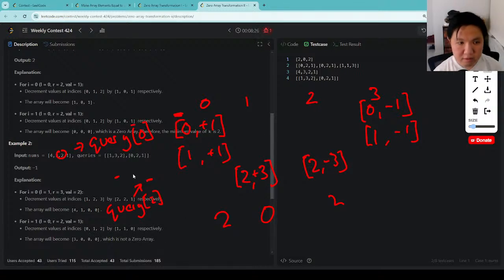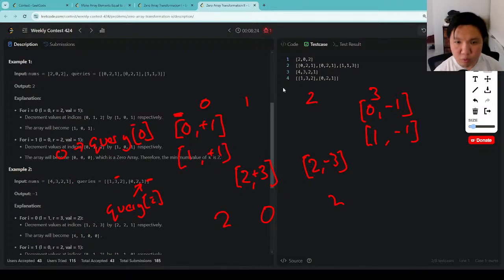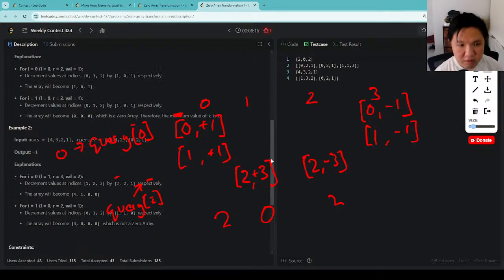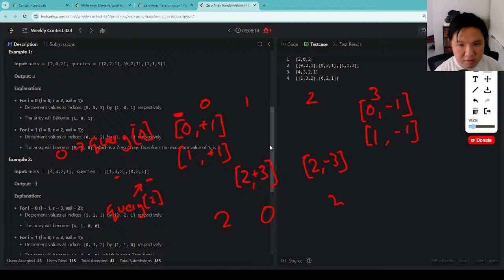So I guess, let me see. So you probably want some kind of array, and then you want to update the array. But isn't that like n square time? Wait a second. Isn't that like n square time?